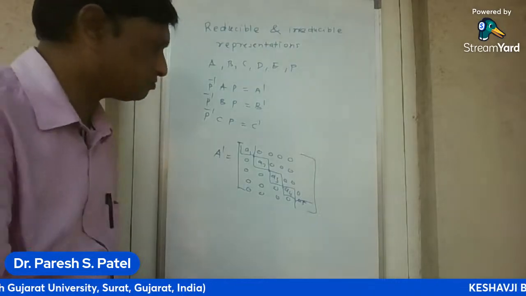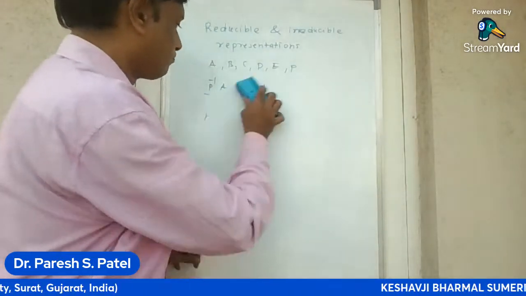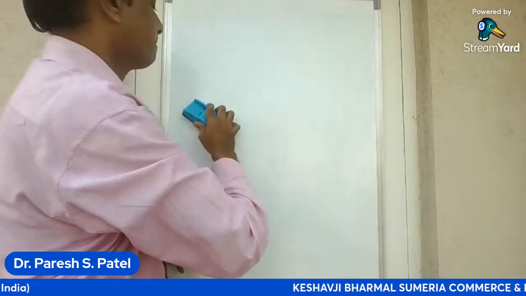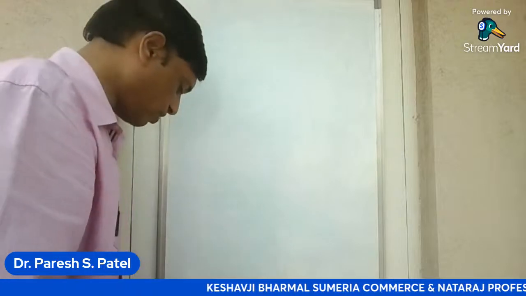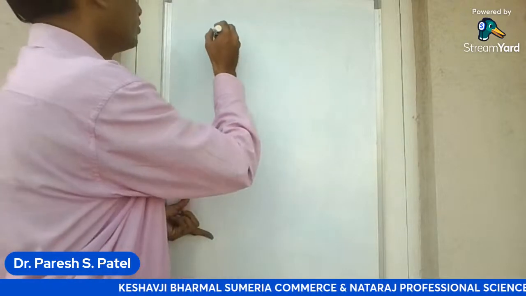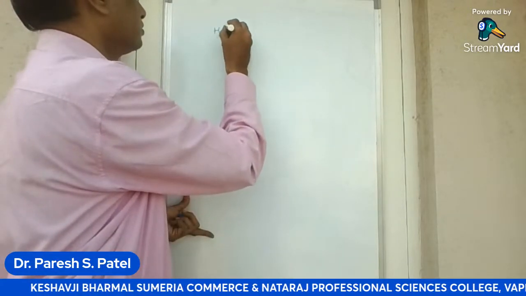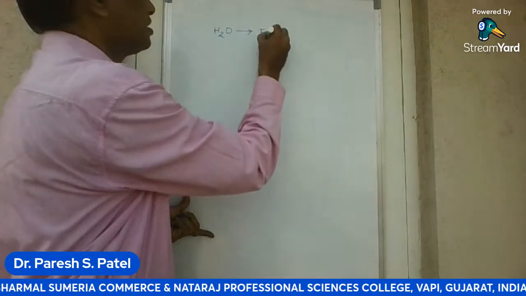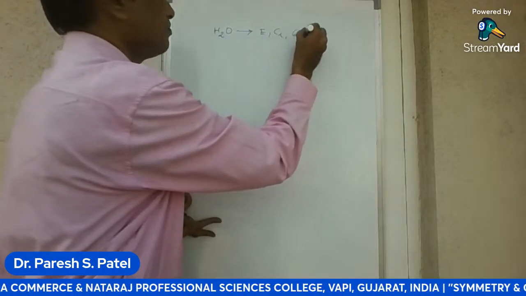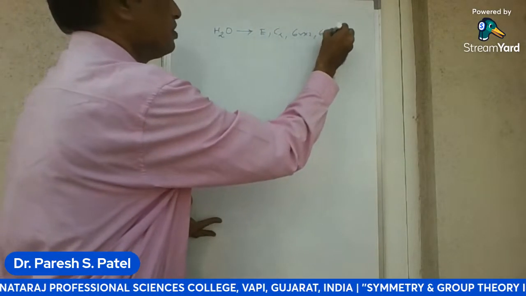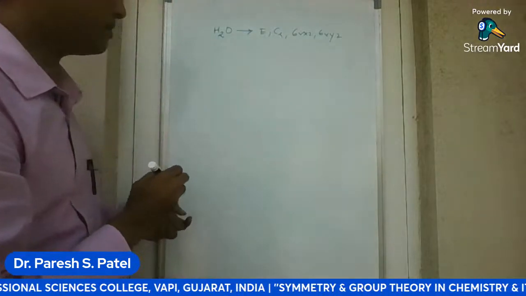As for example, the water molecule consists of E, C2, sigma Vxz, sigma Vyz symmetry elements.